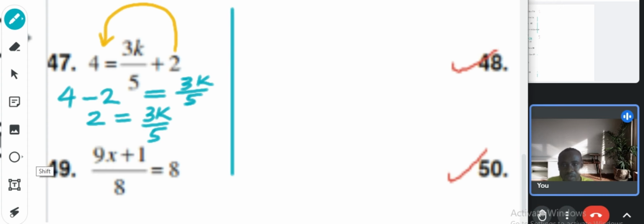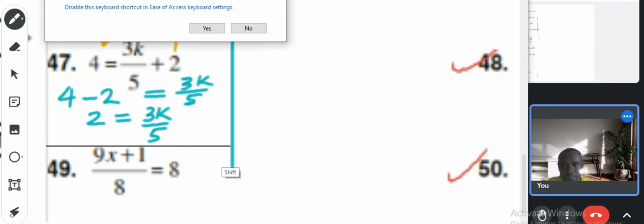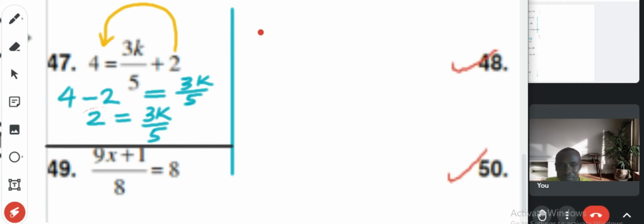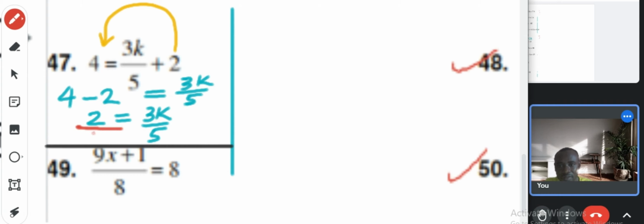So what do we do now? What do you do at this point? What did I say you should always do to a number without anything under it? 1. You make it over 1, so I can make that over 1 now. Then you can now cross multiply.